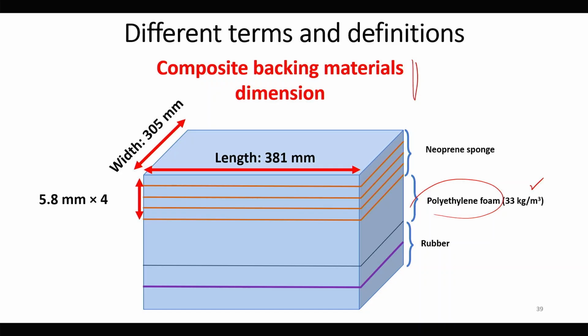Here the 4 layers of neoprene sponge are used. Each layer will have a height of 5.8 millimeter, and such 4 layers.